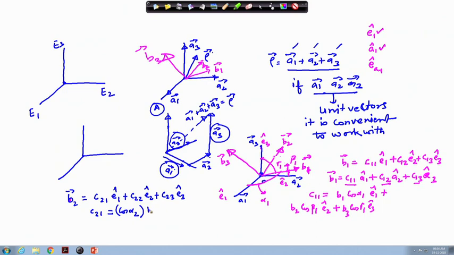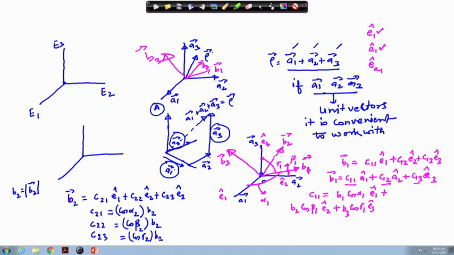So, we are concerned with vector B 2 now. Similarly, C 2 2 will represent cos beta 2 times B 2 and C 2 3 will represent cos gamma 2 times B 2.